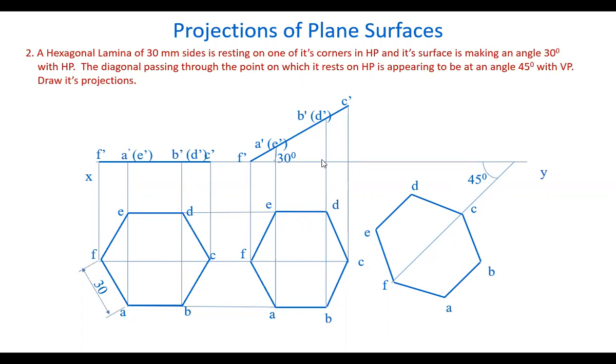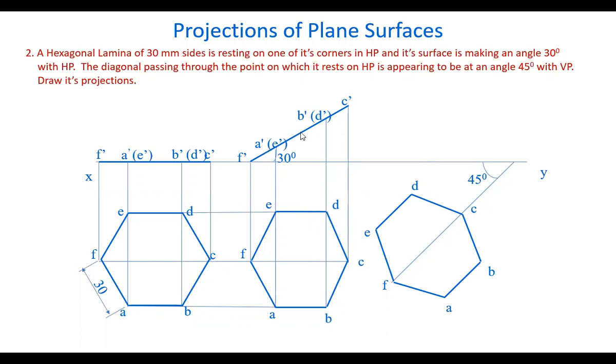Now, this line which is inclined to the horizontal plane is seen at 45 degrees angle in the top view. That means this 45 degrees angle will be the apparent angle. If the line is parallel to the horizontal plane and you see it in the top view, then it will be the true inclination.